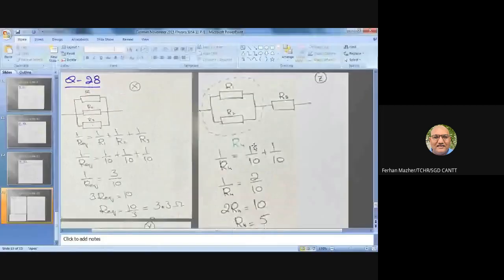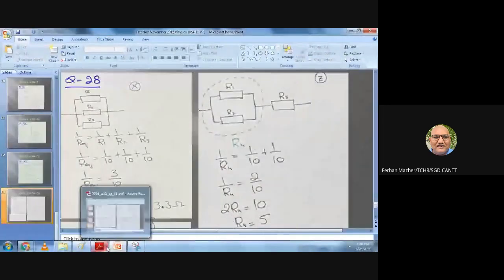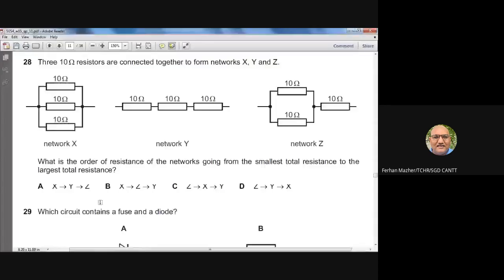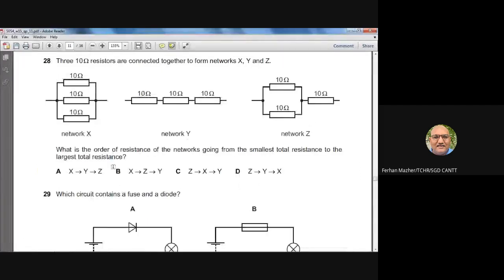So we have X, Z, and Y. I think B is the best option, sir. Let me check the marking scheme. The marking scheme, question number 28, B is the right option, sir. I hope you have understood this.